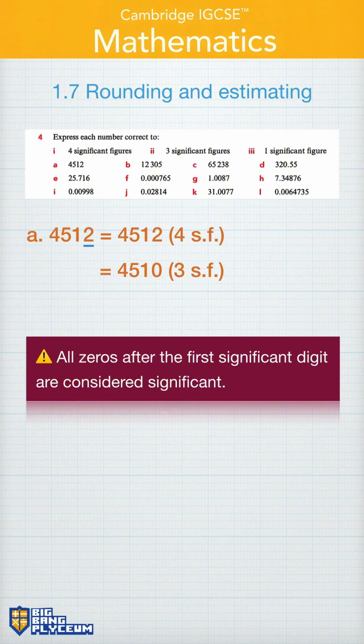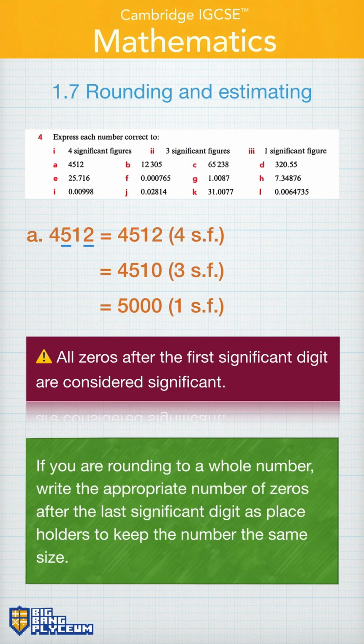And how about 1 significant figure? Well, let's take a look at the second one. If it's 5 or above, we have to round the first one up, okay, to be 5. So we express the original number as 5,000 to 1 significant figure. All right, so we have a conclusion.